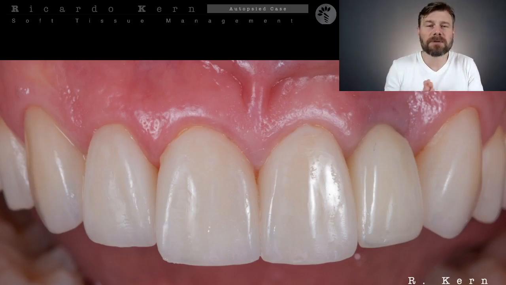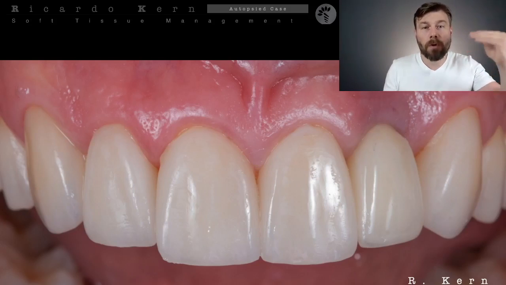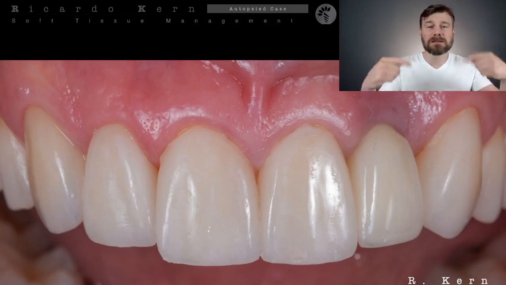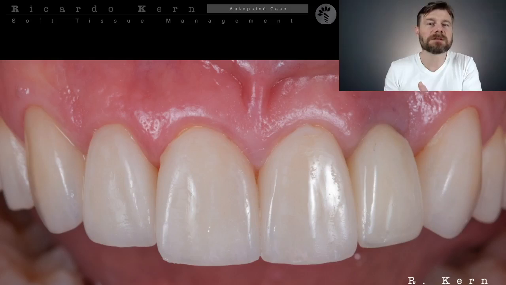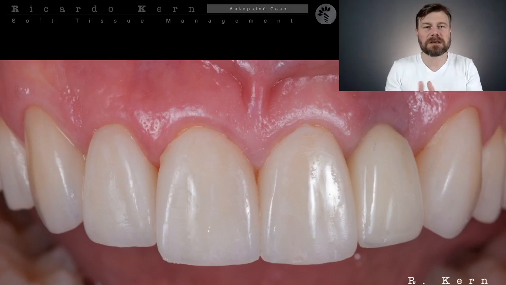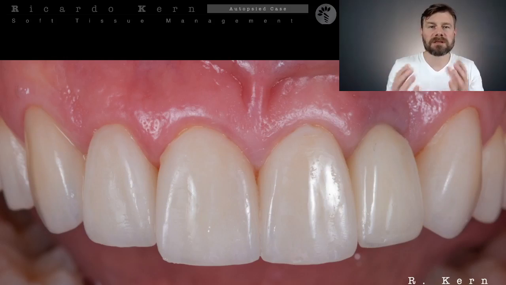Another scenario is when I have a probing depth equal to or more than 6 millimeters around this implant. It means that I already have a pocket of around 6 millimeters, and we are intending to build up some soft tissue deficiencies. So this is not the right environment, especially in the presence of peri-implantitis.